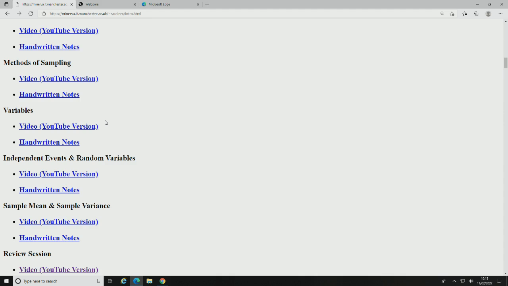For quantitative variables, you can define the probability mass function if the variable is discrete, or the probability density function if the variable is continuous. You can also define the CDF, or the cumulative distribution function, right?